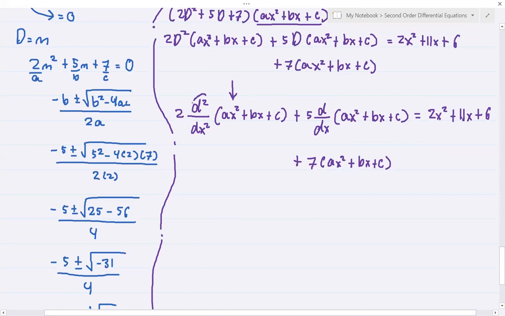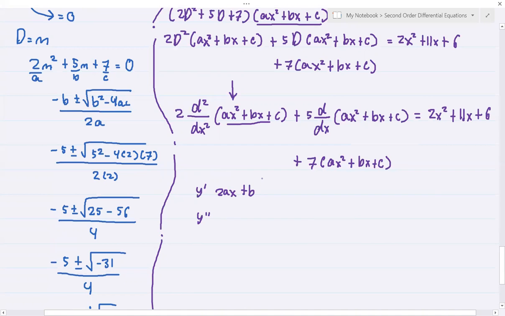Since this d squared obviously has an exponent of 2, it means it is a second order derivative. So we need to get the second derivative of this term. The first derivative for this one, we will have 2ax plus b. So that's your first derivative.